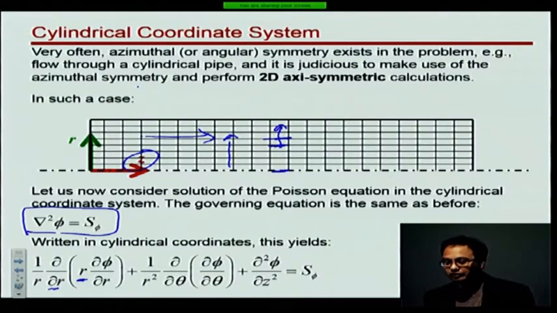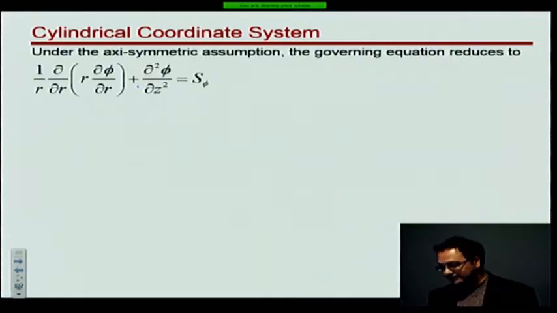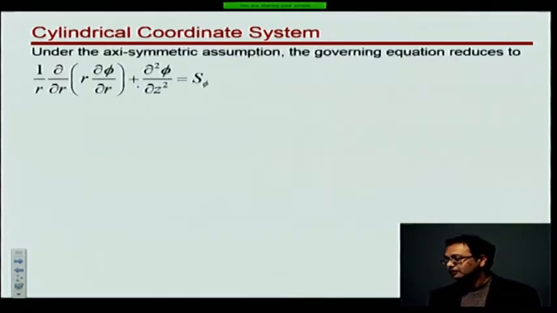So that's your governing equation in cylindrical coordinates. And if we do axisymmetric, then this term is gone. No derivative with respect to theta. So we are back to this plus that is equal to that. And you can see this is like d square phi dx square, but the y derivative is different.